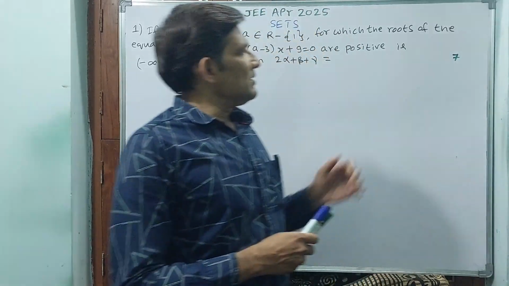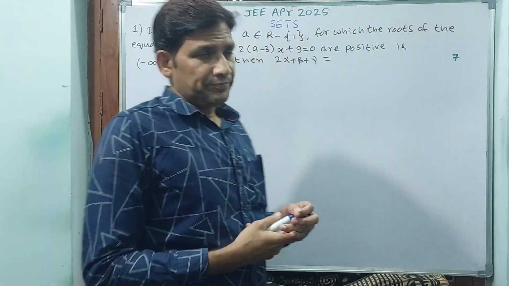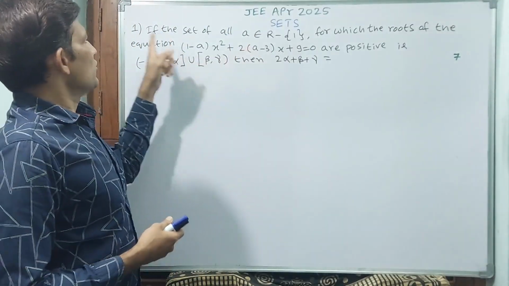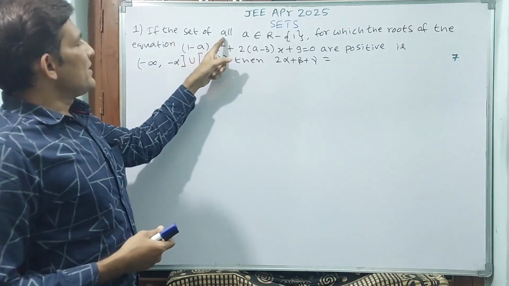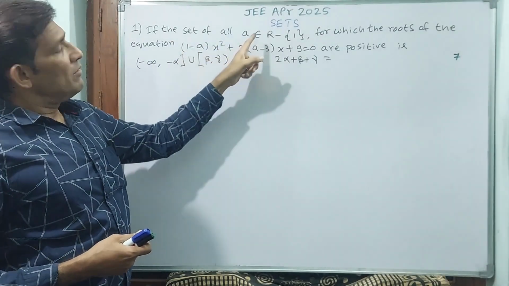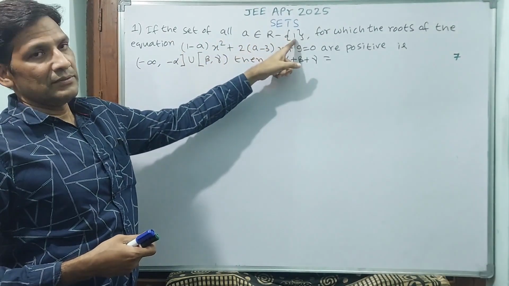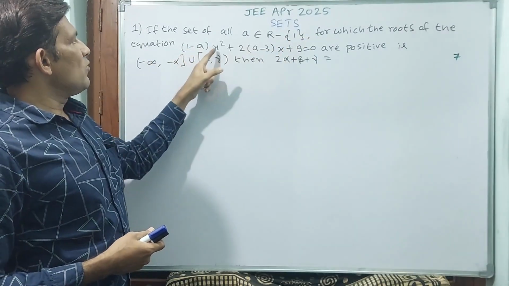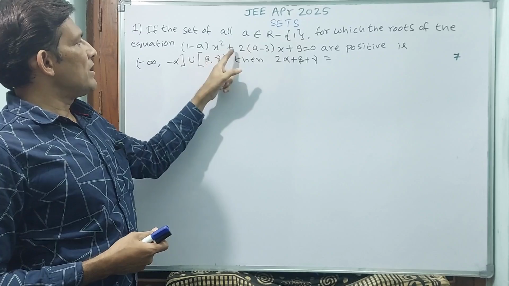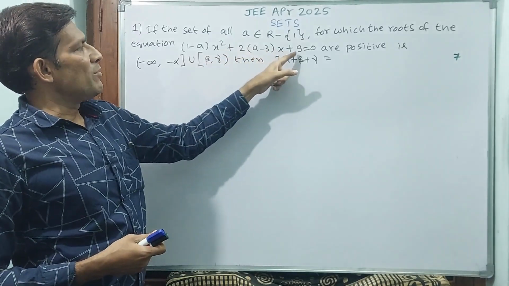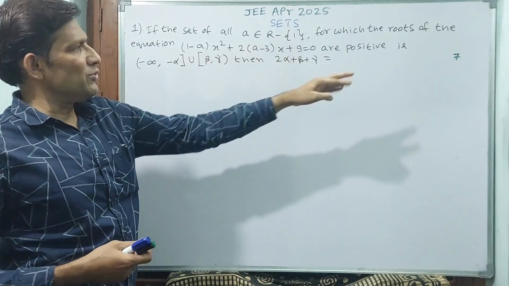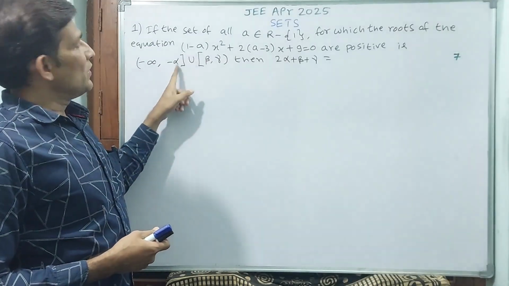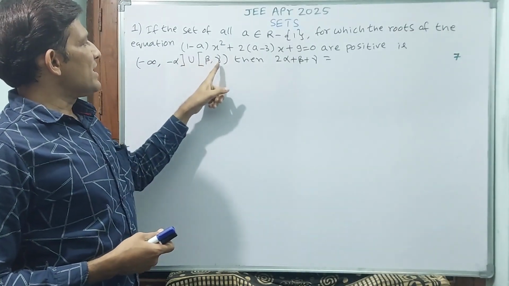Okay, let us see this question. Today we are going to do three questions. JEE April 2025, sets. Question number 1. If the set of all a belonging to the real numbers minus 1, for which the roots of the equation (1 minus a)x square plus 2(a minus 3)x plus 9 equal to 0 are positive, is minus infinity to minus alpha union beta to gamma.